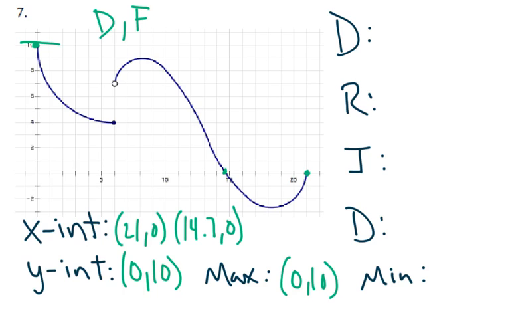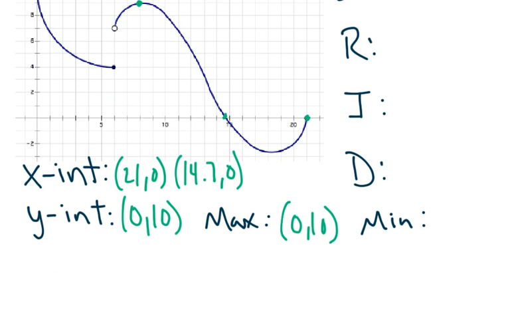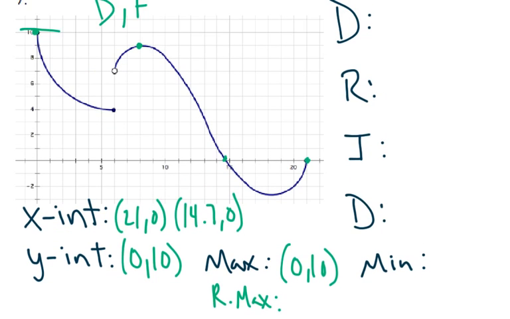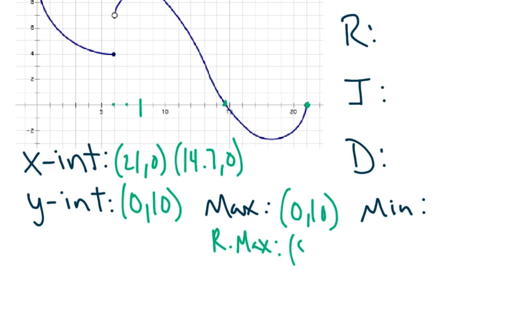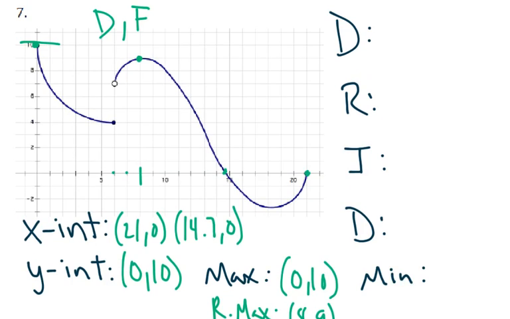Okay. Now over here, if we wanted to, we could call that a relative maximum. And we would call that 6, 7, 8, 8, 9. Sometimes we could do that. You don't necessarily have to, though, on this graph. Okay.